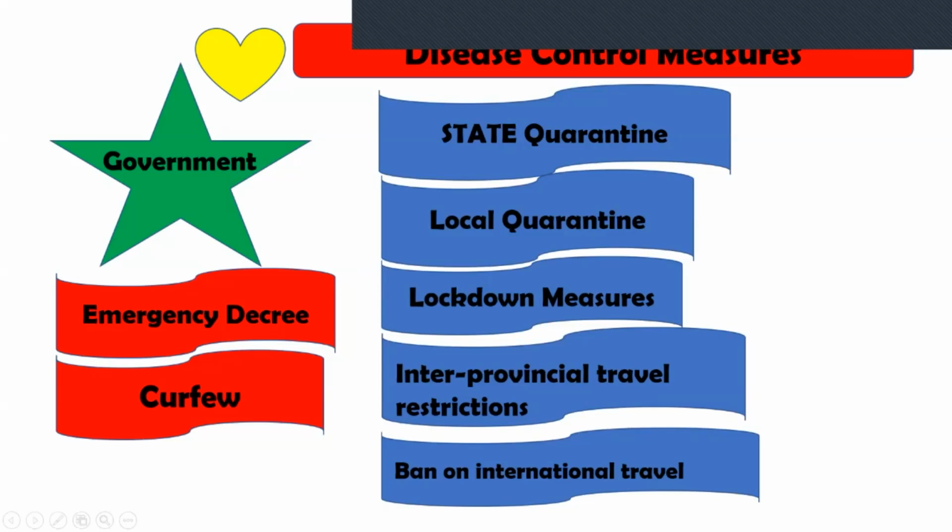These are the disease control measures that the government tried to use to protect the Thai people from infection and reduce the spread of the infection.